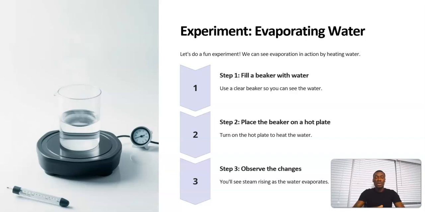We're going to do an experiment to give us a better understanding of the process of evaporation. These are the items we will need. It's kind of fun to do this kind of experiment, and we can actually see the observation in action by heating water.